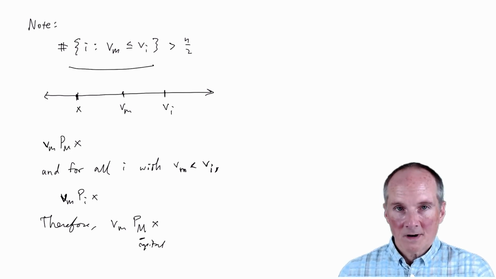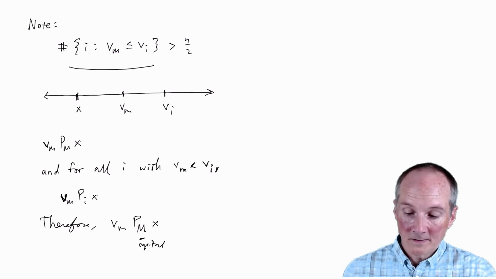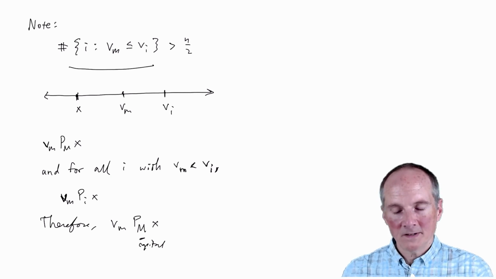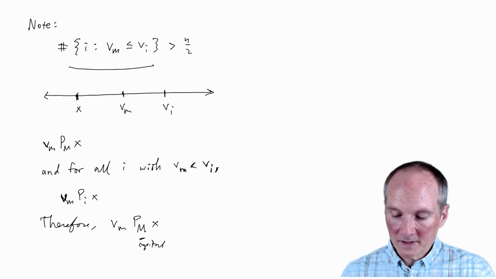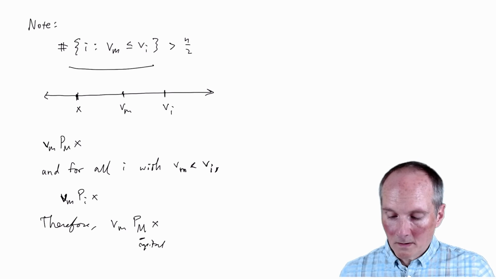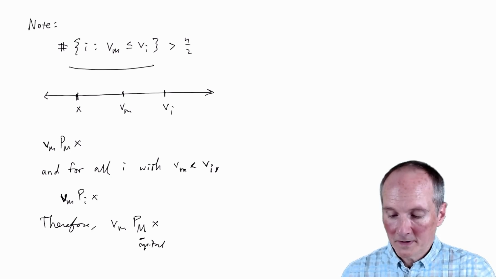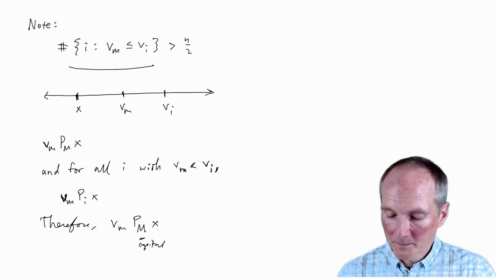Because x was just arbitrary. I chose x to the left of the median, but to the right, the same argument would work. We just have to use a symmetric version of it. Because x was arbitrary, we've shown that the median ideal point is strictly preferred to every other alternative, so it's a Condorcet winner. All right.